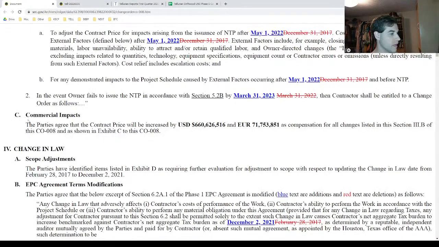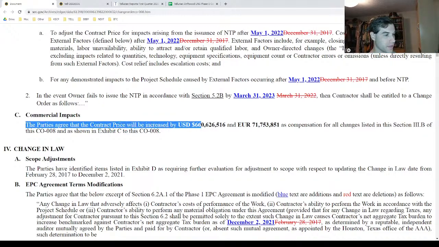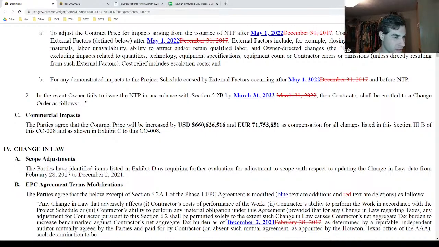And you can see this right here. The parties agree that the contract price will be increased by 660 million US dollars and almost 72 million euros. So when I added all of that up, that is an increase of about 750 million US dollars.